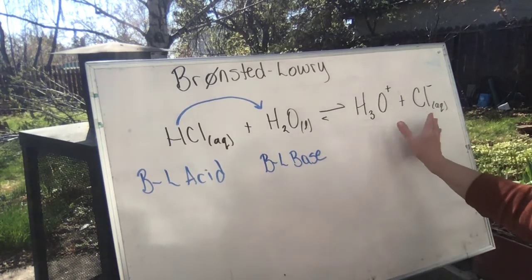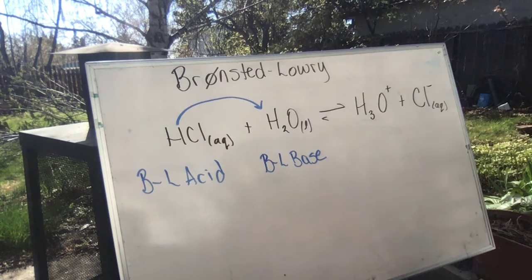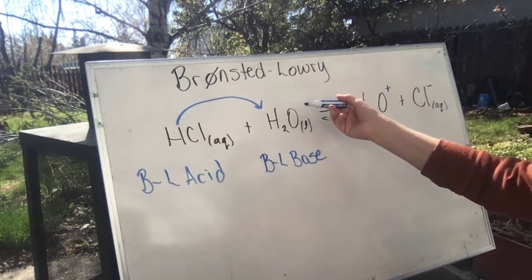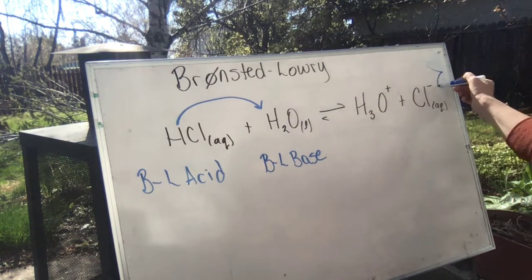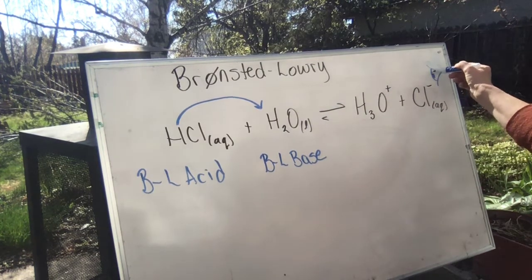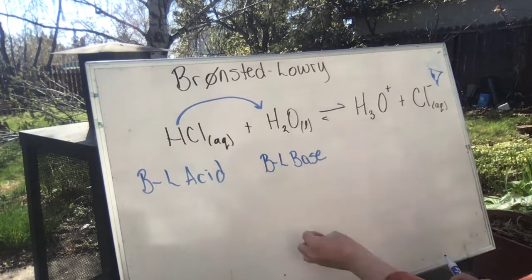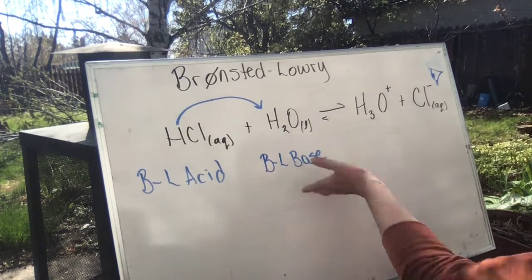Now, how do we label these guys according to Bronsted Lowry definition? Well, what we do is we pretend that we are going to shift the equilibrium back the other way. We're going to favor the reverse reaction, and we're going to do that by modifying something in the reaction itself. So we're going to say, for example, boil off some of the water, or maybe that's not a great example.